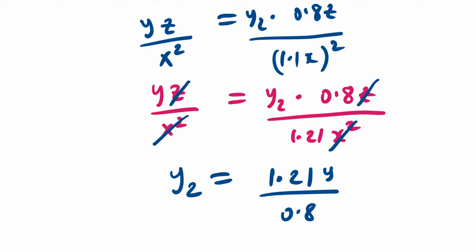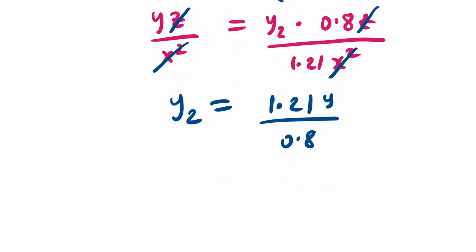So you have now 1.21 divided by 0.8. This is y2 equals, we can say, 121y over 80.